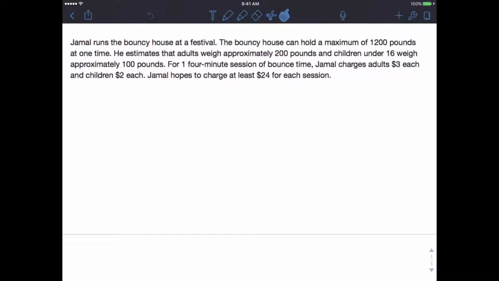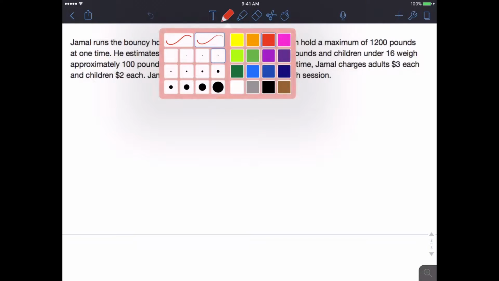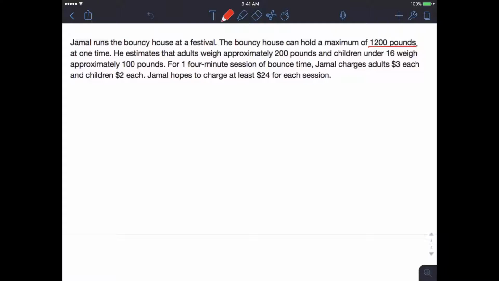Jamal runs the bouncy house at a festival. The bouncy house can hold a maximum of 1,200 pounds. So that already sounds important. 1,200 pounds at one time. He estimates that adults weigh approximately 200 pounds and children under 16 weigh approximately 100 pounds.